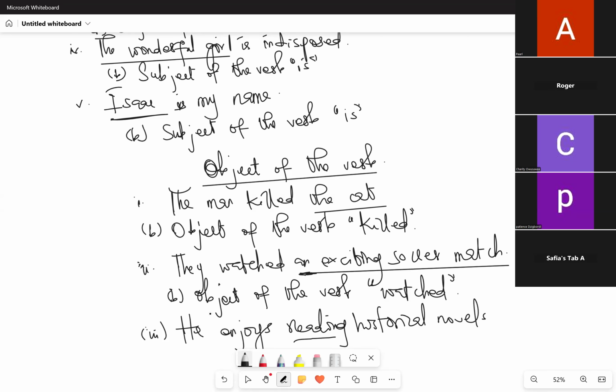One second. Let me underline reading. This is also a noun, right? Because if you try to cover that, he enjoys. Say he enjoys what? Oh, he enjoys reading. You see, the underlying words answers the question what. So it's a noun, right?